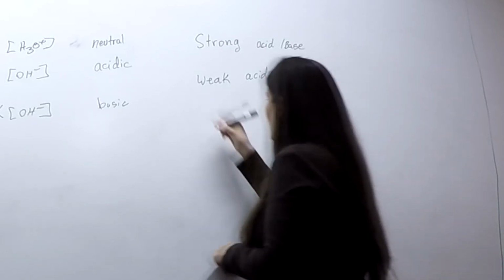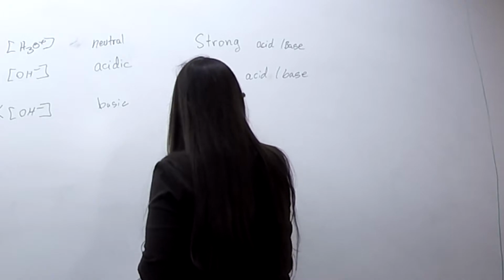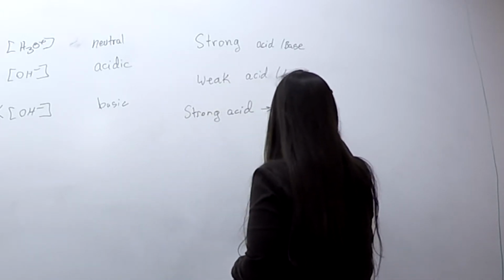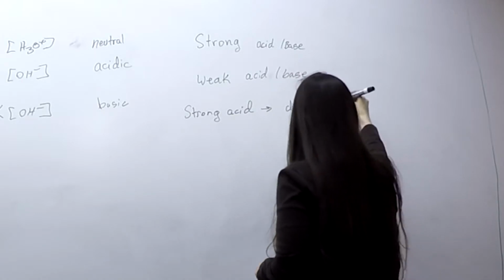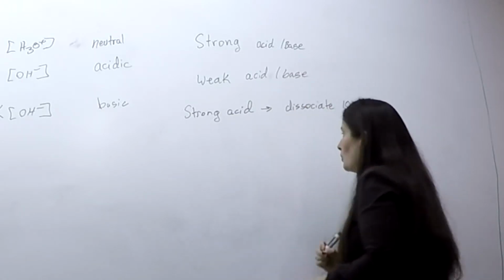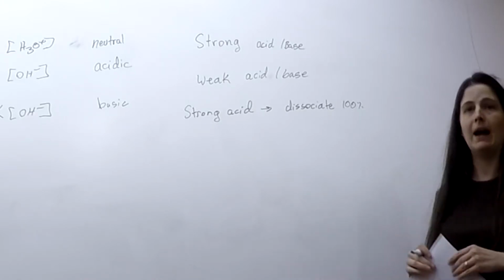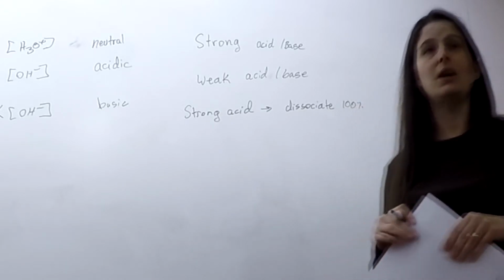All right, so that's why we're going to define these and remember a few of these by what category they go into. So if you have a strong acid, it is going to dissociate 100%. That means that when you put it in water, every molecule of that acid will break down into the ions.